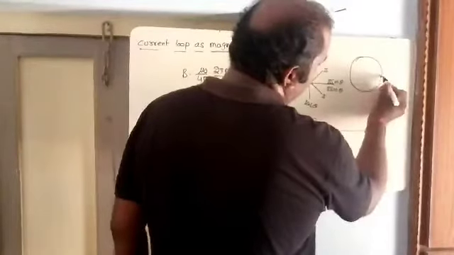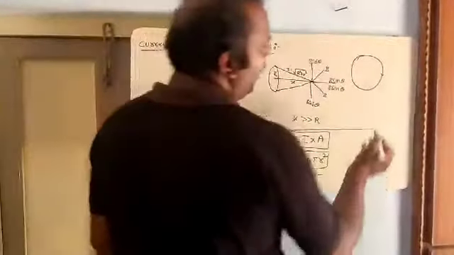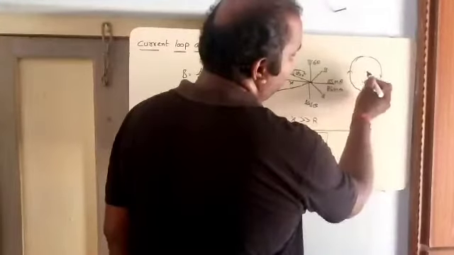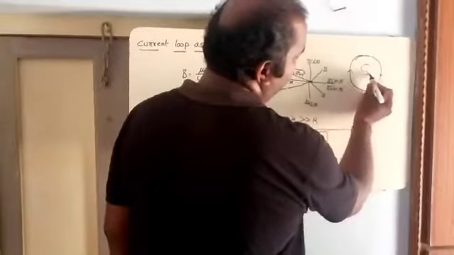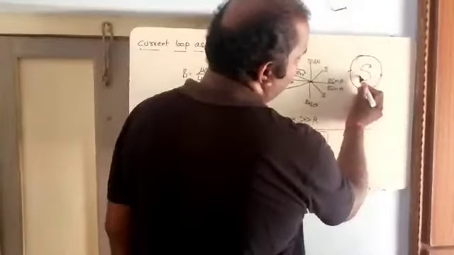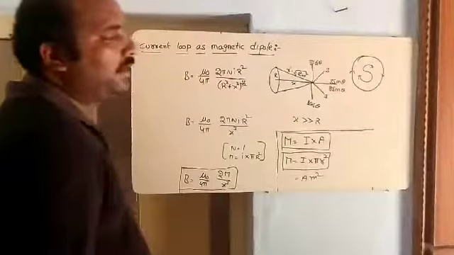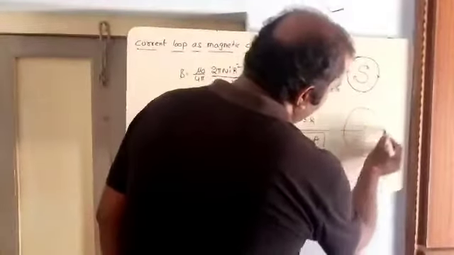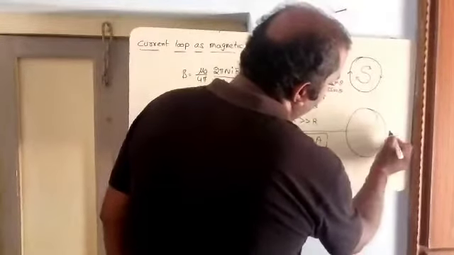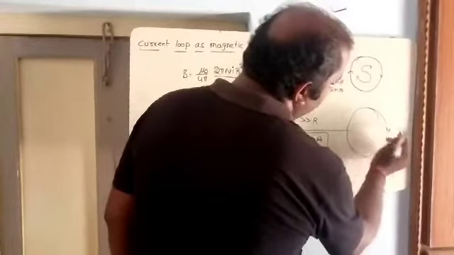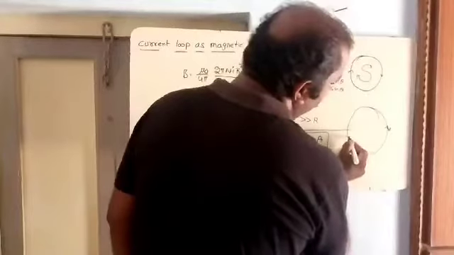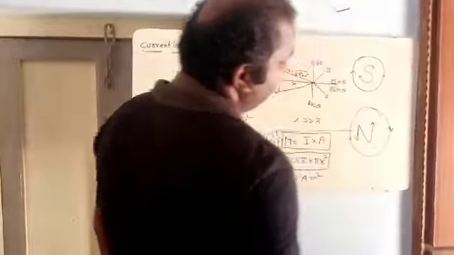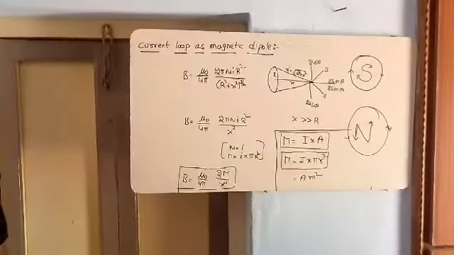If the current is passing in the anti-clockwise direction, that face behaves like a north pole.